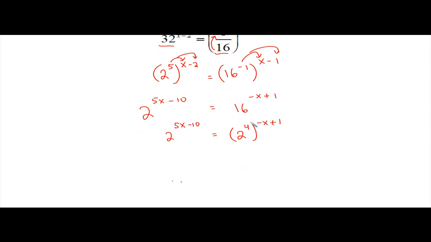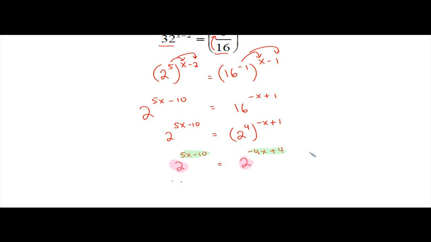We follow exponent rules. We distribute the 4 now. So this will give me 2 to the negative 4x plus 4 is equal to 2 to the 5x minus 10. So now that we've gotten the same base, we can say these exponents have to be equal to each other.